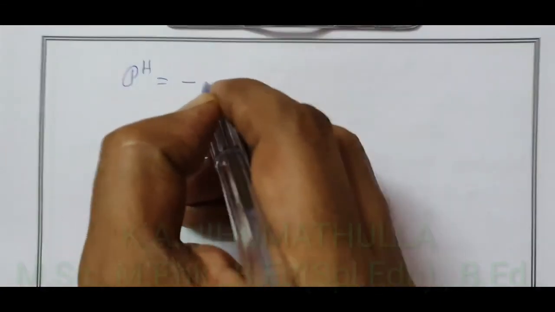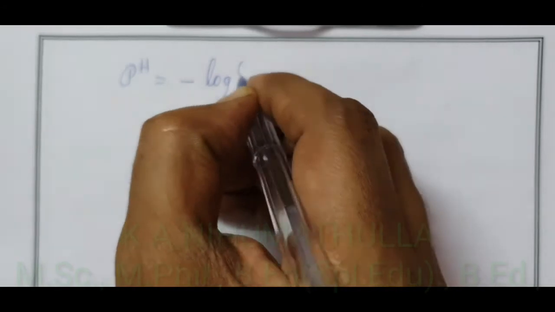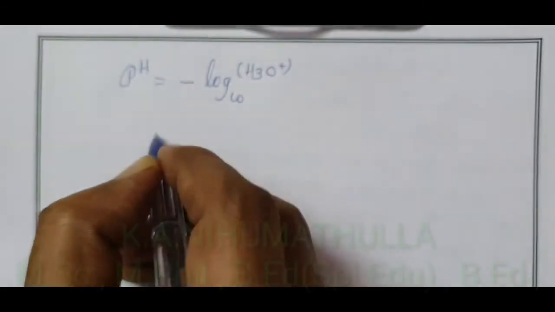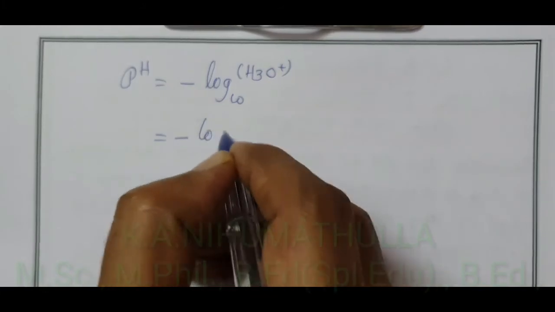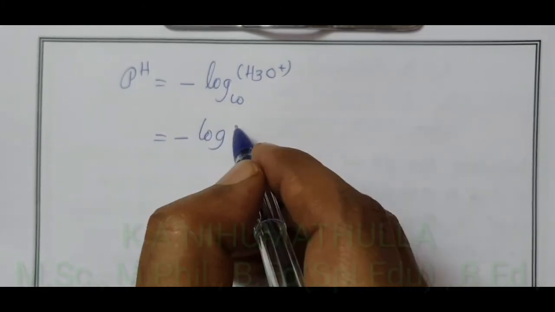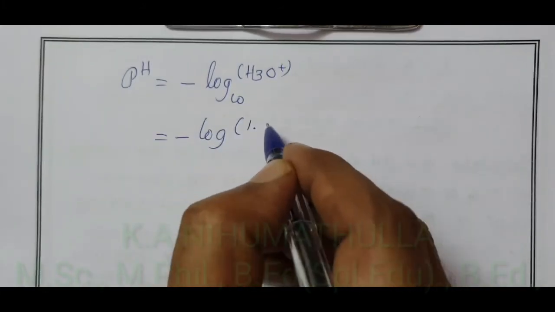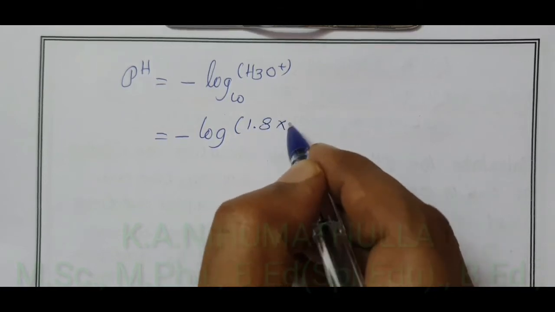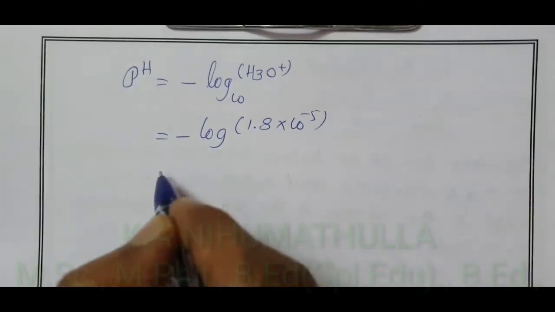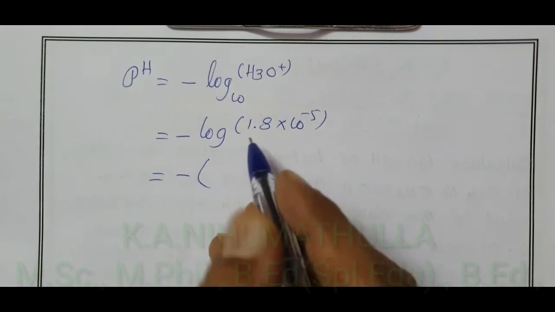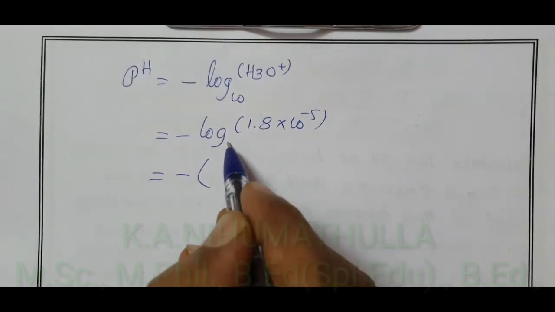pH formula we know, pH equal to minus log of H3O plus ion or H plus ion concentration to the base 10, equal to minus log of hydronium ion concentration. Just now we have calculated 1.8 into 10 power minus 5, equal to minus, use log AB formula.